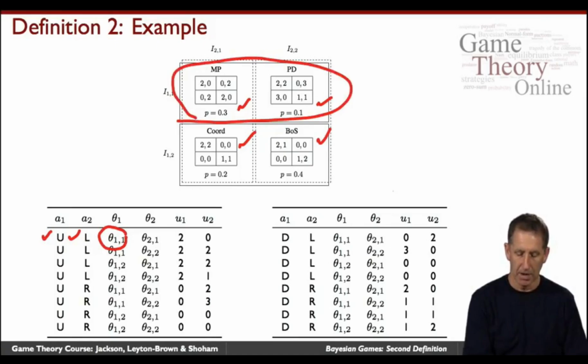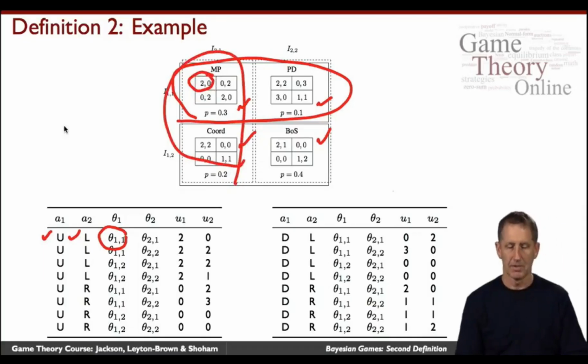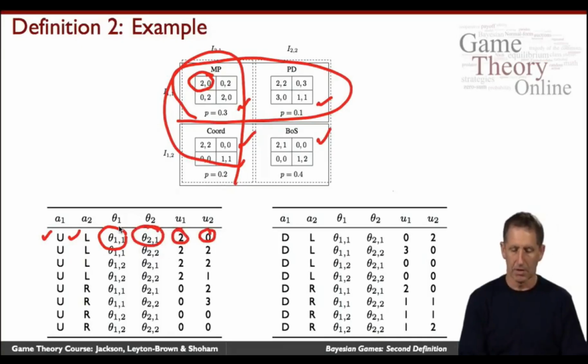And the type of the second player is this. Well, what's the payoff then? The payoff corresponds now to this cell right there, which is what happens when they play up and left. And so you get 2 and 0 when the types are as they are.